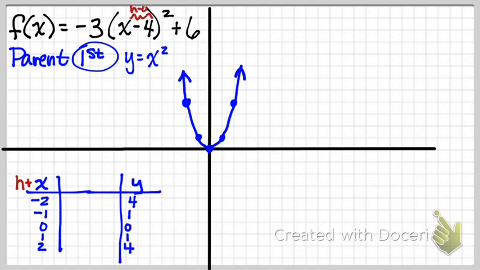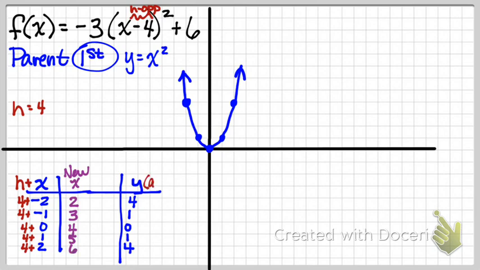This is the opposite. So my h value is a positive 4. I'm going to add 4 to all of my x's. And so my new x values are going to be shifted 4 to the right. So it's going to be positive 2, positive 3, 4, 5, and 6.